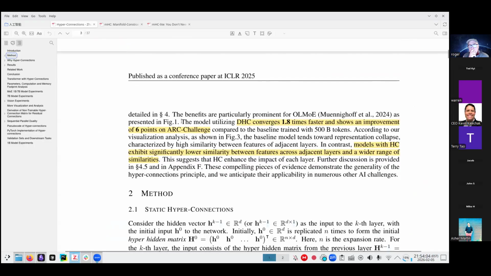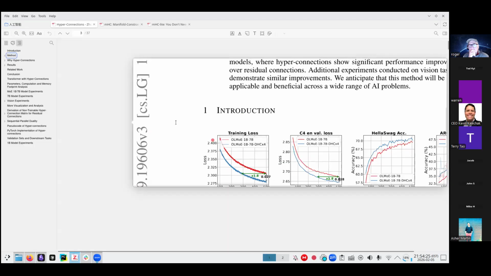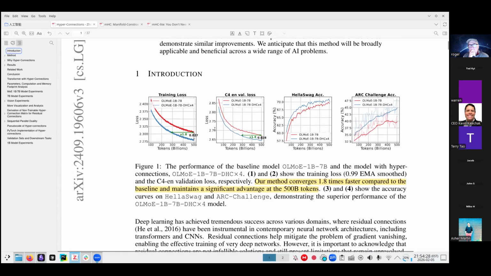They claim that the dynamic HC converges 1.8 times faster, and show improvements on the ARC challenge. Looking at these diagrams, it shows that to reach a certain loss, it's 1.8 times faster.